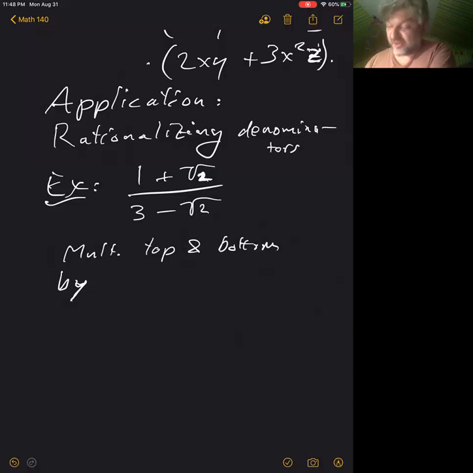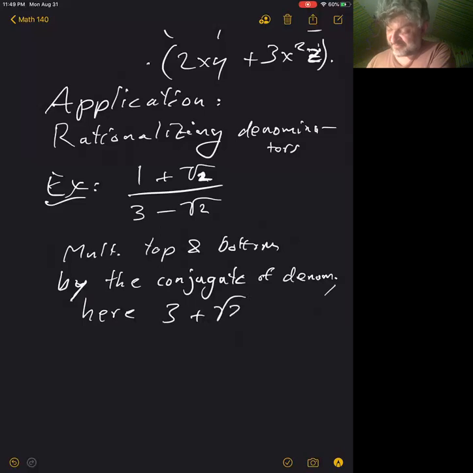That's what they call the conjugate of the denominator that you have. So whenever you see a square root, you flip the sign in front of it. Here we get 3 plus square root 2.